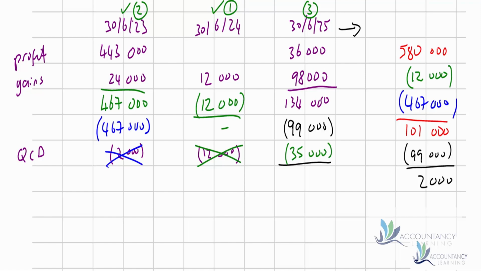But it means that with our 134 of total profits, we deduct the 99, and then we can deduct our qualifying charitable donations, leaving us with 0 profits and therefore no tax to pay. That didn't apply in this particular question, but we thought it'd be useful just to revise that as part of this debrief.